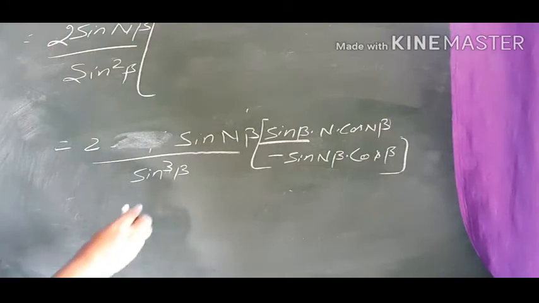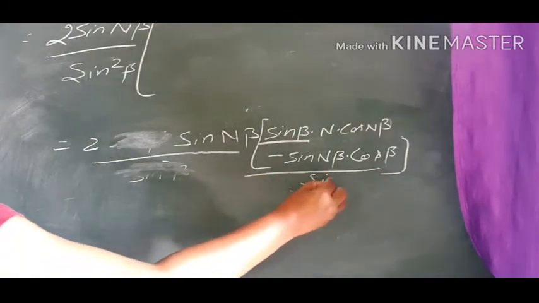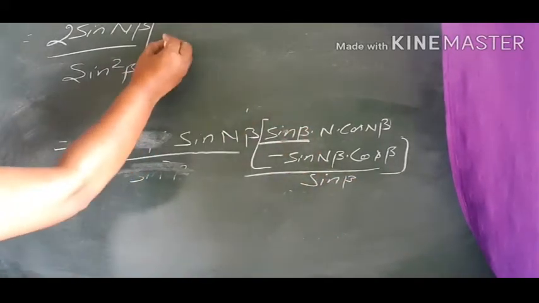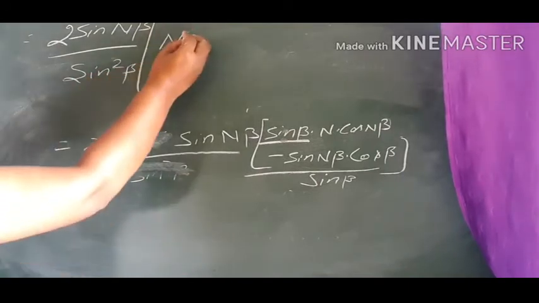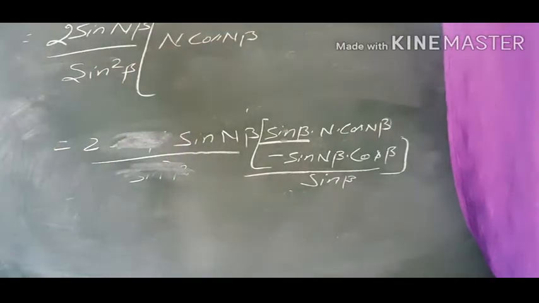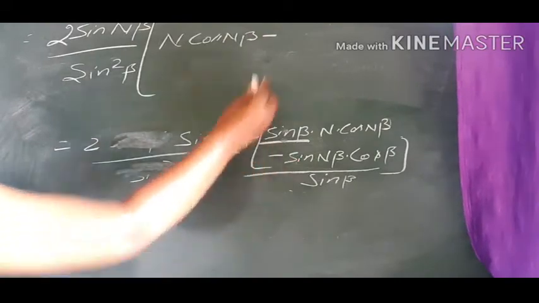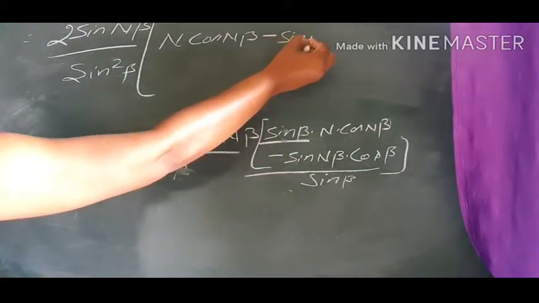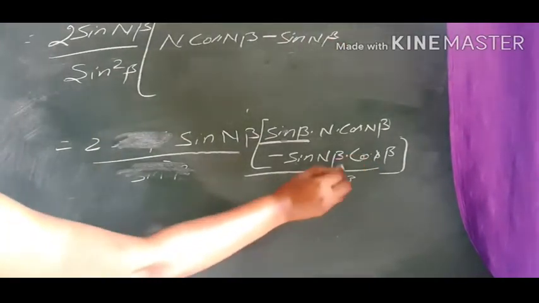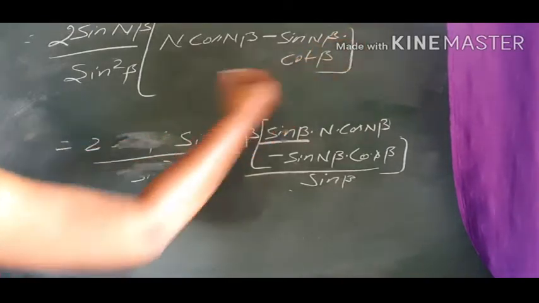Okay, then if we have sine beta, this sine beta is cancelled out by this. The remaining term is n cos n beta, and this is sine n beta, and this is cot beta into cot beta.